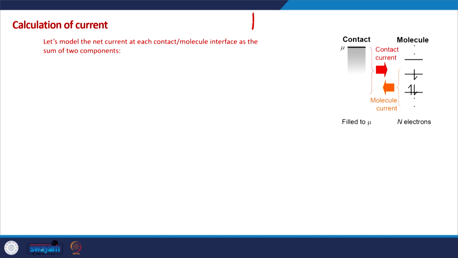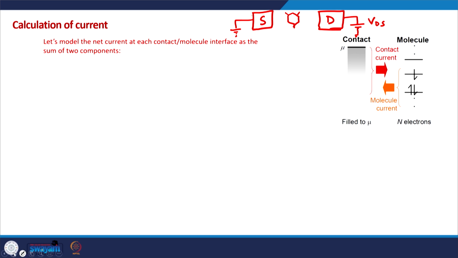So the system that we have is the source contact, the drain contact, and a molecule or quantum dot in a way. In order to properly understand the current flow in this device, when we apply a positive voltage on the drain contact, when a VDS is applied, let's break the current in the steady state in two components.